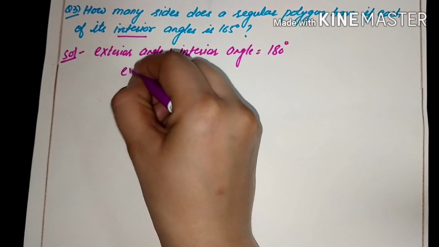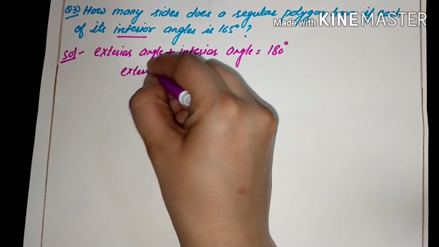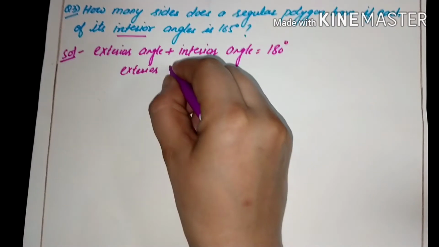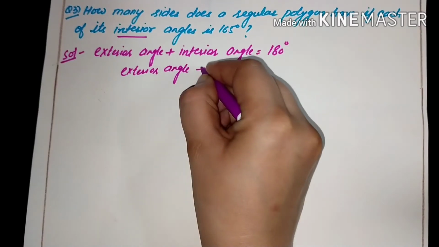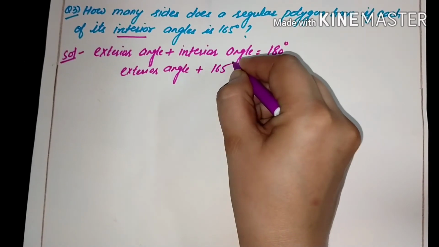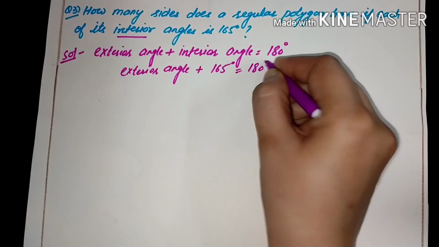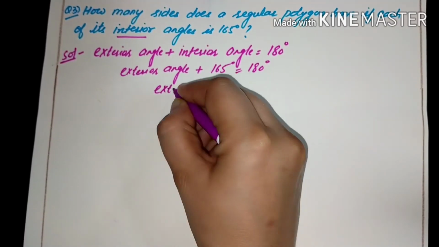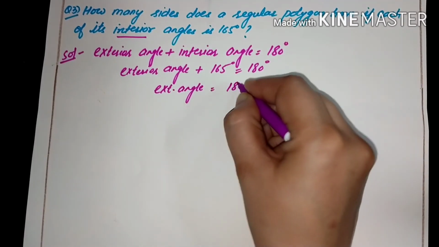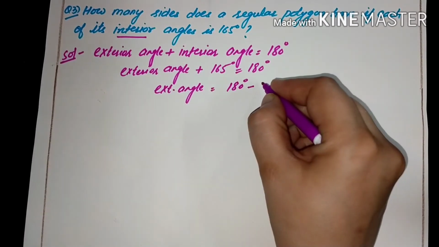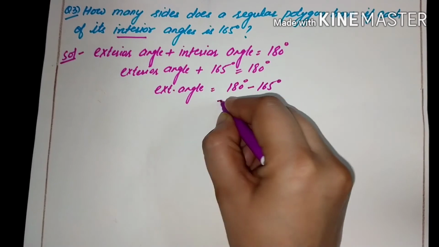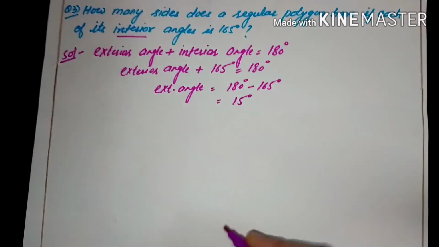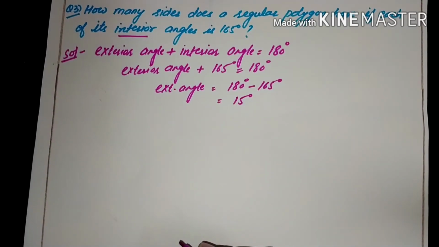Now exterior angle plus 165 degrees will be equal to 180 degrees. So exterior angle would be equal to 180 degrees minus 165 degrees. This is equal to 15 degrees. Now what do we need to find here? The number of sides.